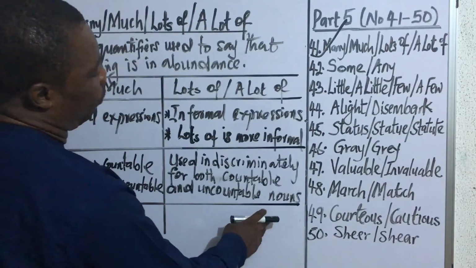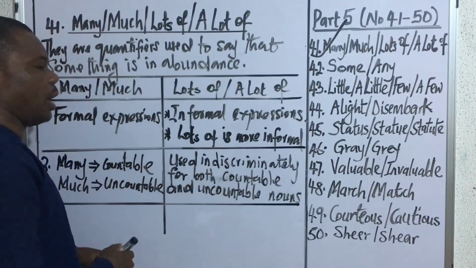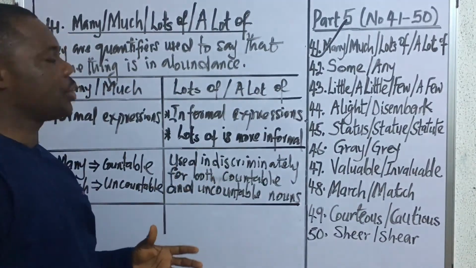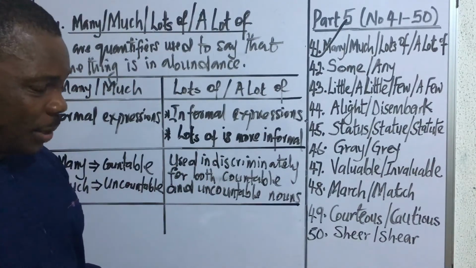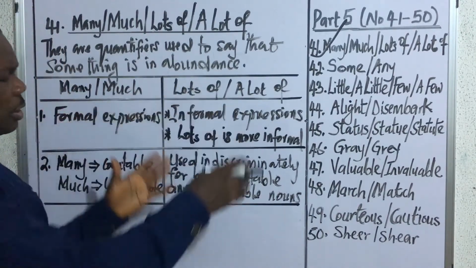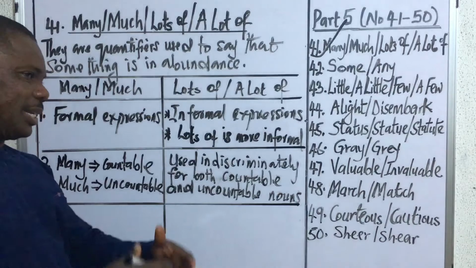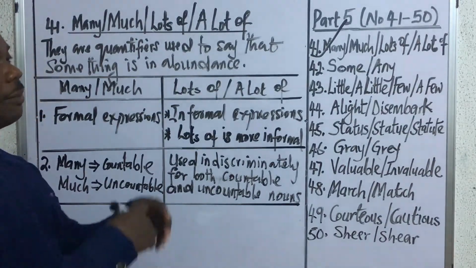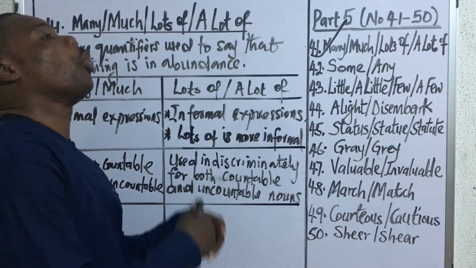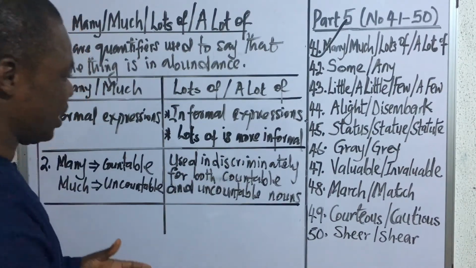The third thing that we want to establish with these quantifiers is the type of expressions in which they can be used. We are talking about types of expression. We want to understand whether these quantifiers can be used in negative expressions or whether they can be used in affirmative expression, in other words, positive expressions, and or whether they can be used in what?